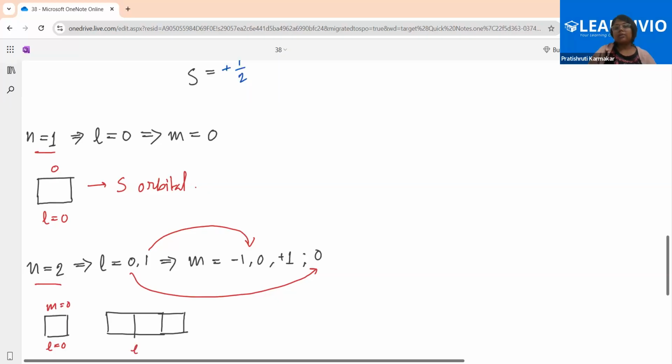And this is L equal to 1, where this one is m equal to +1, this is m equal to 0 and m equal to -1. Right?